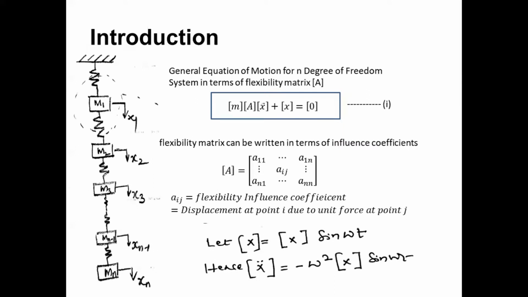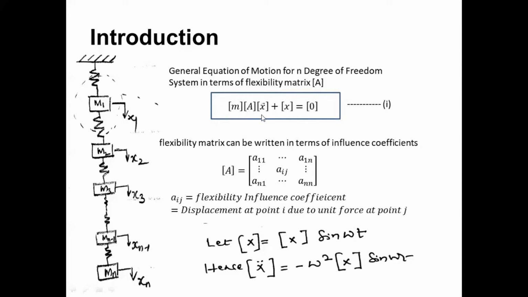So again, there is an n degree of freedom vibration system. In our past lectures, we have discussed the governing equation in the matrix form in terms of flexibility matrix. Flexibility matrix A is nothing but 1 by K matrix.